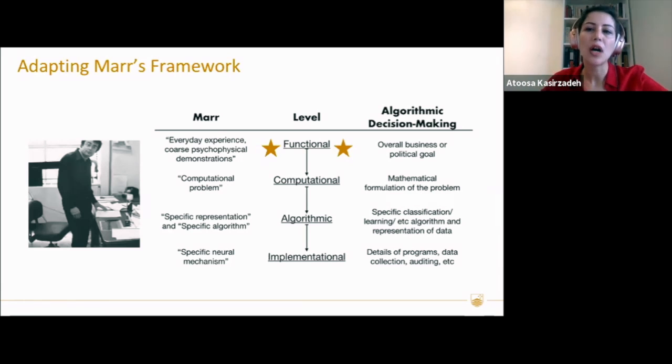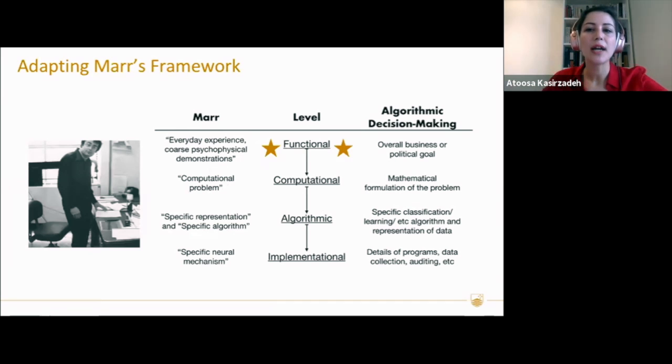But we are going to use a very famous and influential framework in cognitive neuroscience by David Marr, which he used to give an analysis of complex information processing systems. For example, you can think about visual processing, the way we do vision.